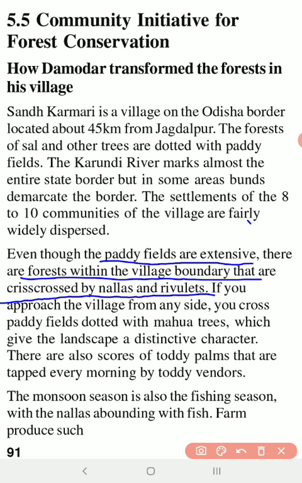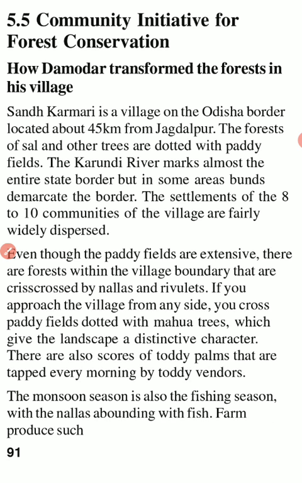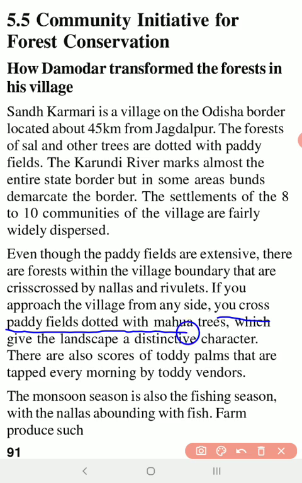Now, if you approach the village from any side, from left, right, north, south, east, or west, from whichever direction you approach the village, you have to cross through the forest. So you cross paddy fields dotted with mahua trees.